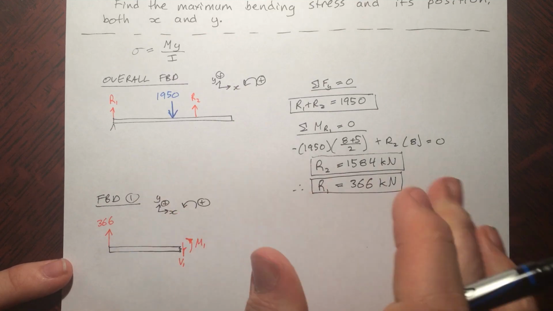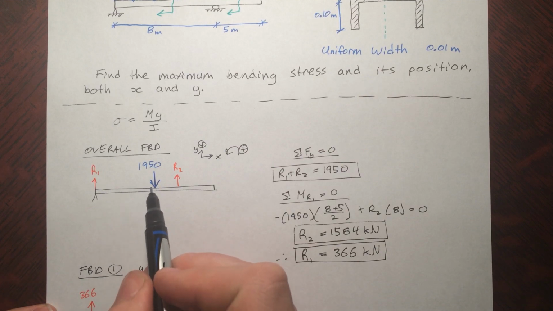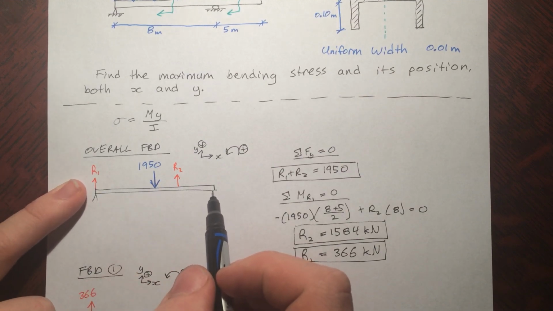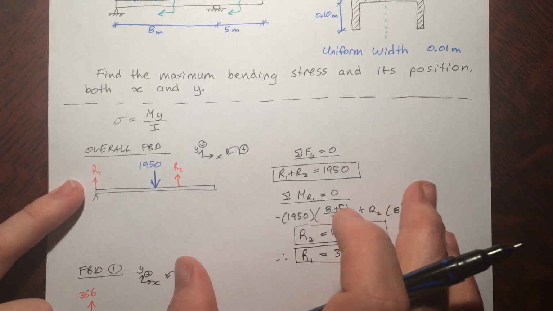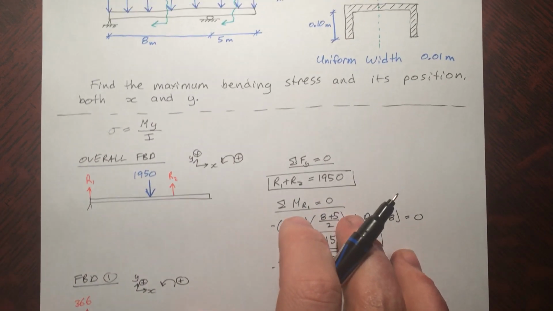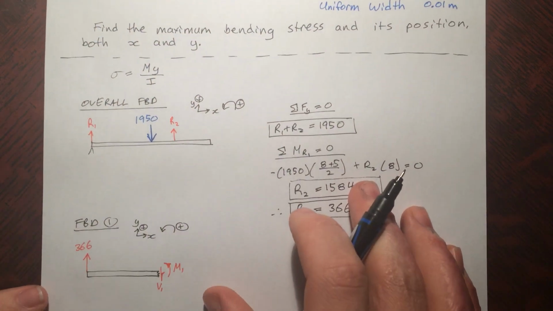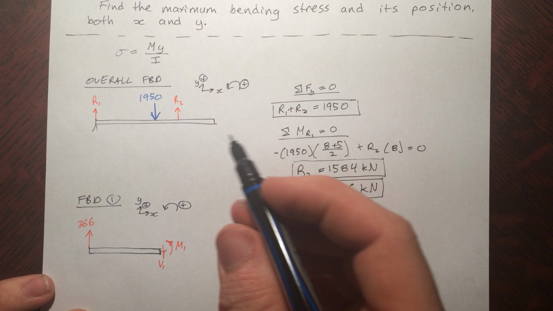Alright, and then we still have this force from this distributed load acting on here. Just because we collapsed it into 1950 for the purpose of the overall free body diagram, that was just for that free body diagram. When we take a look at a section, we have to pretend this never existed and look at a section of this piece here, because in reality that force is applied over the whole thing.